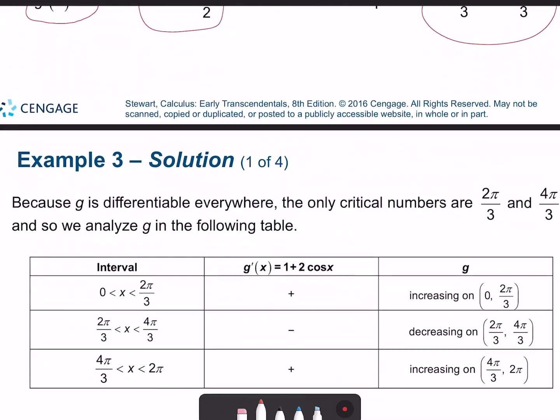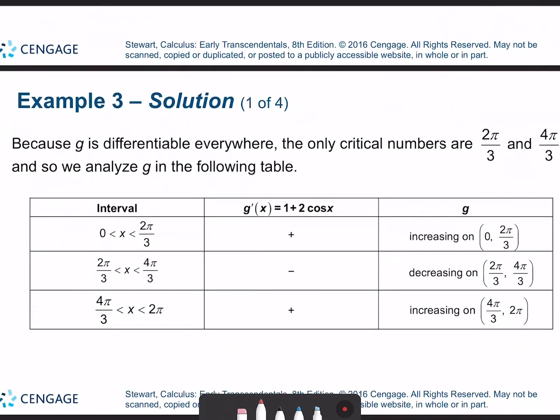So that's what's going to allow us to chop up our x-axis, so to speak, or the interval that we're working with from 0 to 2 pi. So here's the 0, and here's the 2 pi, and we're working with the values that are between there. And the 2 pi over 3 and 4 pi over 3 are coming in here in order to help us chop up the interval.